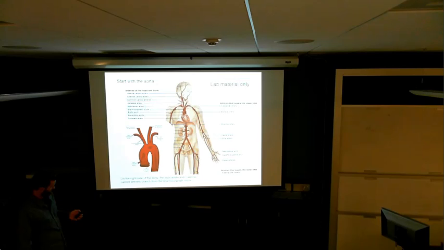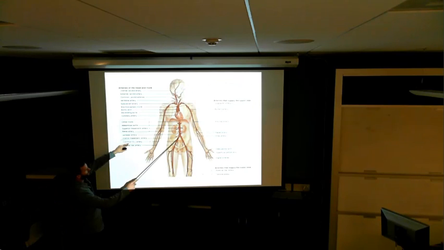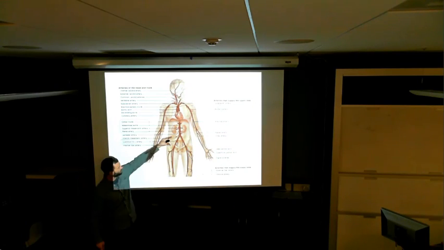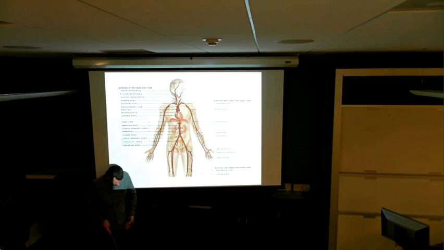Then it branches right here when it gets to the sacrum, and it forms the common iliac artery. I'm assuming iliac refers to the ilium region of the pelvis. Then it goes outside of the pelvis, and it becomes the external iliac artery. Then it goes into the femoral region, and it's called the femoral artery.